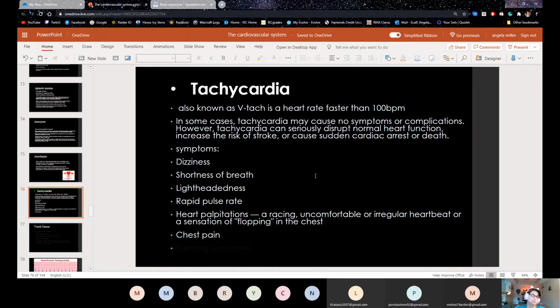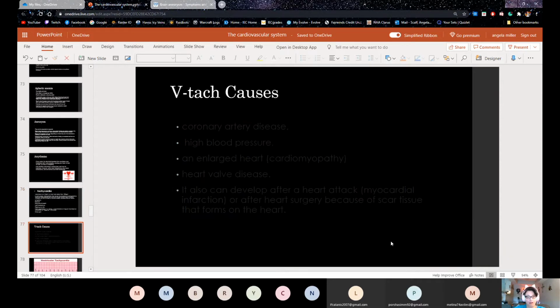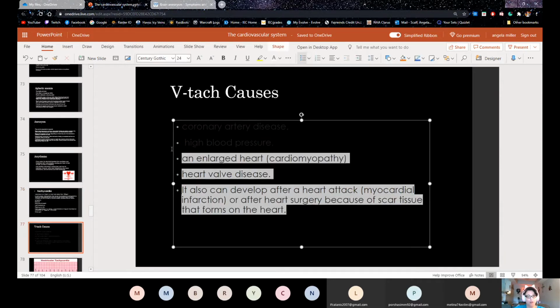When you feel their pulse, it feels rapid and bounding. They may feel like they're having heart palpitations, that uneasy flip-flopping or fluttering in the chest. It also can cause chest pain. But what you need to make sure you write down is that it's a heart rate over 100, okay? And like I said, I apologize for that.